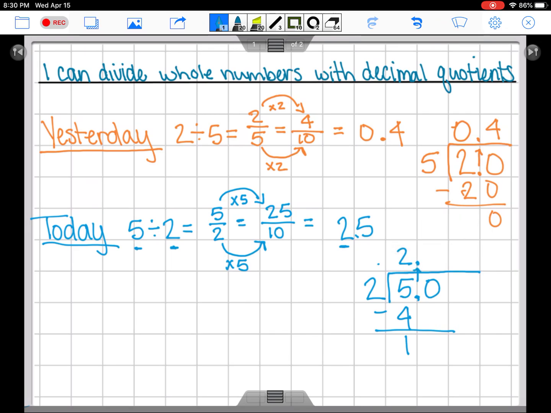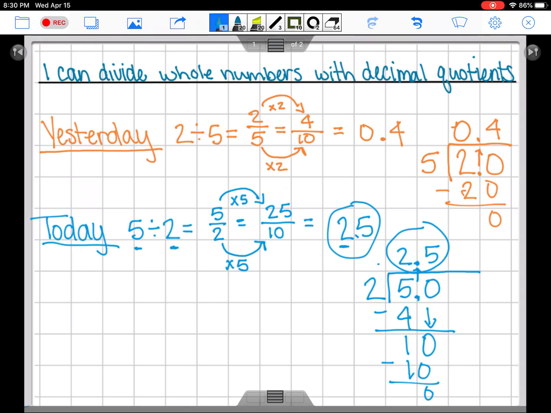I know that I must carry that decimal up into my quotient. Now, I can drop this 0 down, and I can say how many times can 2 fit into 10. That's going to be 5 times. 5 times 2 equals 10. We have nothing left.